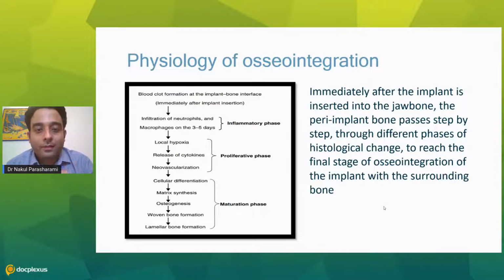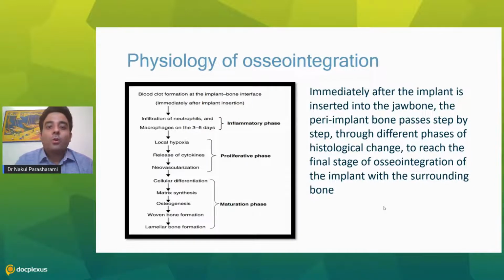After the proliferative phase, there is osteogenesis and formation of bone. So basically, the dental implant works along the physiologic process of bone healing, and it creates a kind of interlocking device with the dental implant.